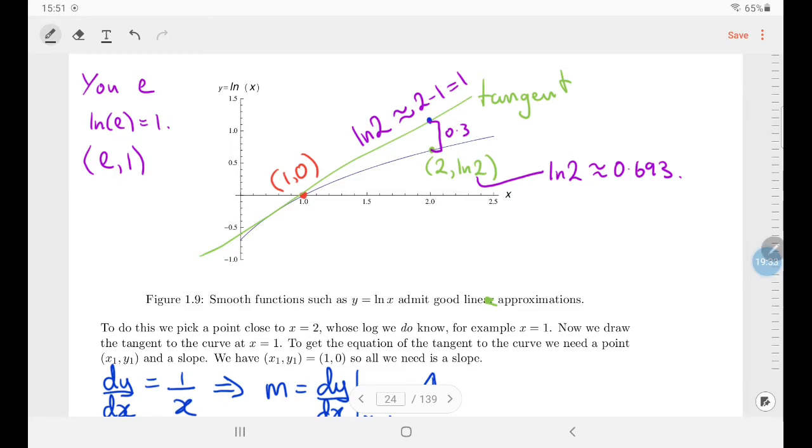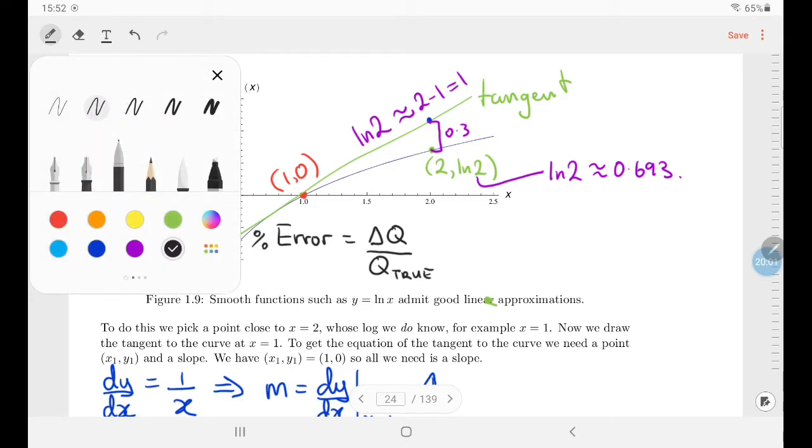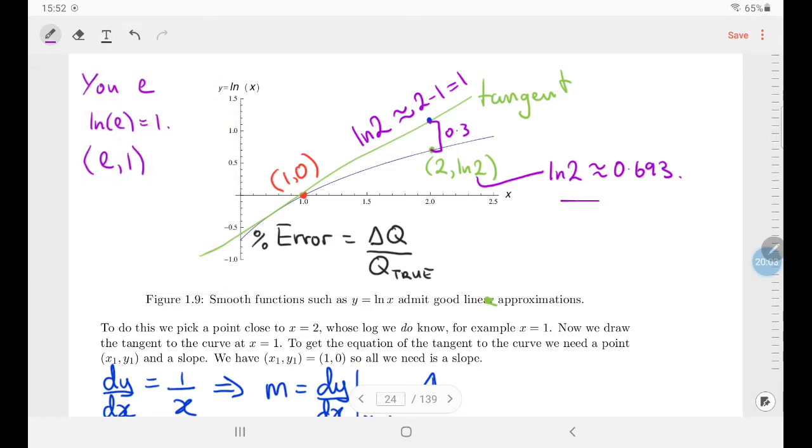So if you want to define the percentage error in a calculation, I'm writing Q for the calculation, the error in the approximation, in the sense of percentage error, is the error over the true value, not over the approximation.